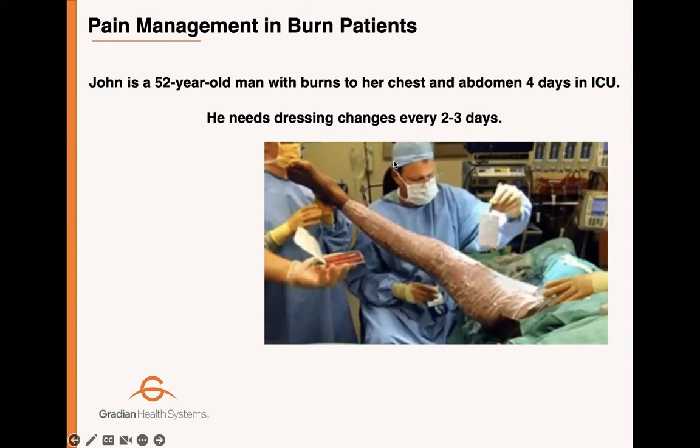Let me see if I can pick someone from here. So there's Beatrice. Beatrice, can you tell us what are the possible sources of pain for this patient who sustained burn injury?